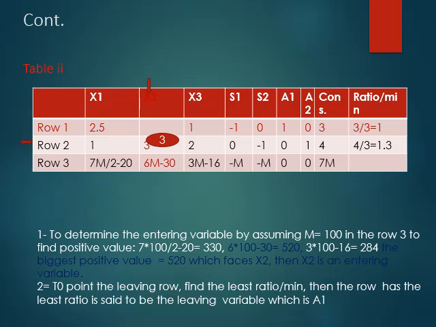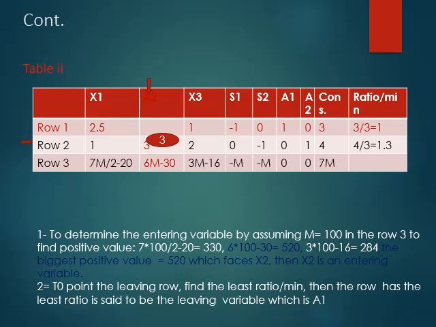First, to determine the entering variable, we assume a very big number for M and let it be 100. We assume that M equals 100, and we convert the negative values to positive values.